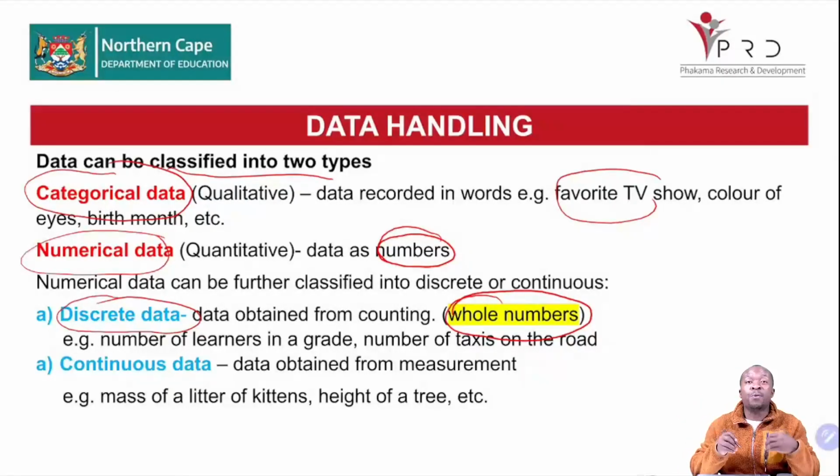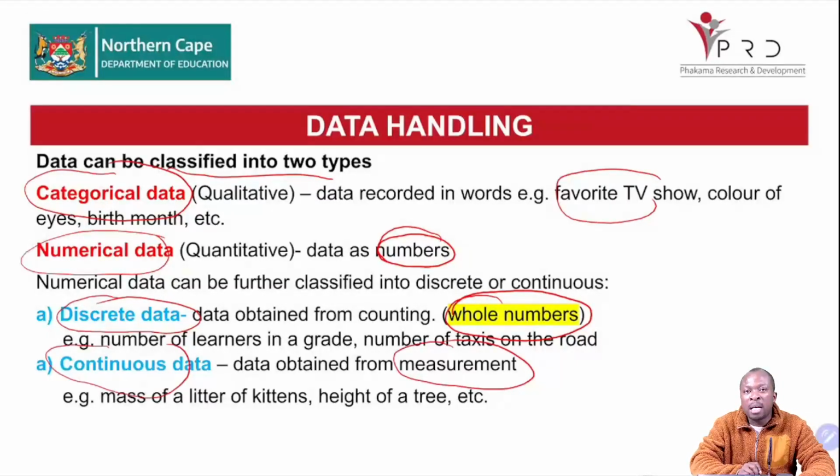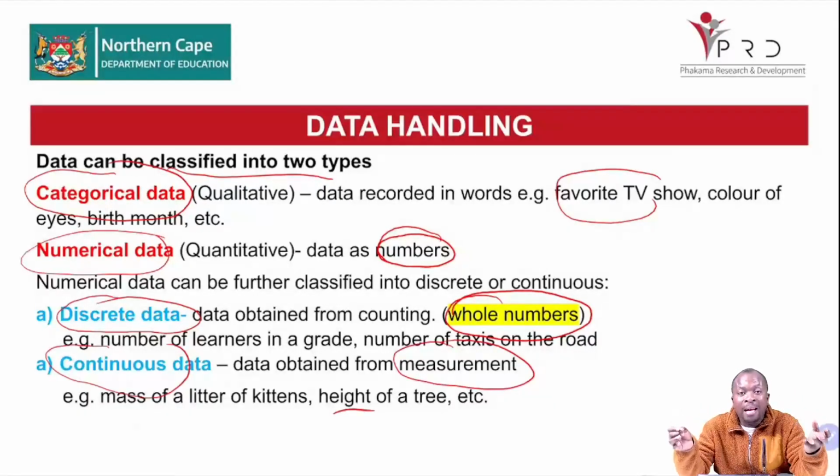And then if you get a kind of data that you can measure, then we are talking about what? Continuous. Usually it contains decimals. It contains decimal places. So for example, the mass, like the weight of something, the height, they are continuous data. Let me take it again.